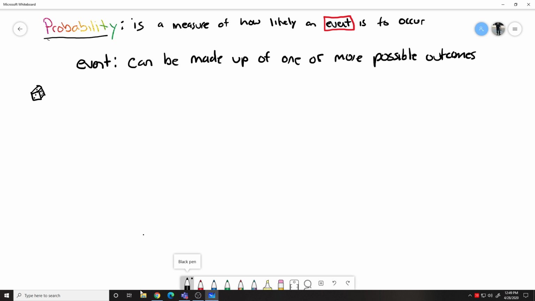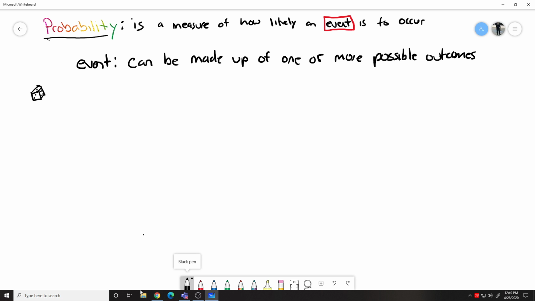If I was going to talk about probability, I would talk about maybe what's the chance that I land on the number 3. Notice that the event is the rolling of the dice, and that's made up of, in this case, 6 possible outcomes. When I roll the dice, I might get numbers 1, 2, 3, 4, 5, or 6.